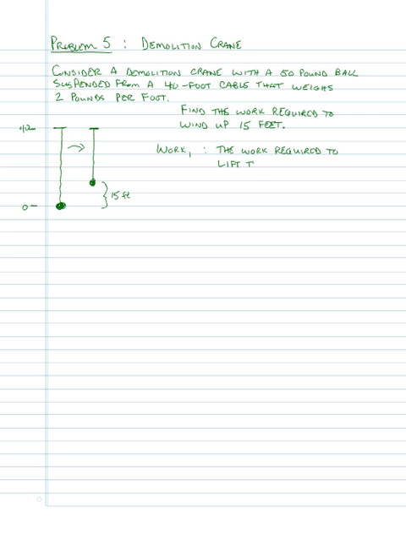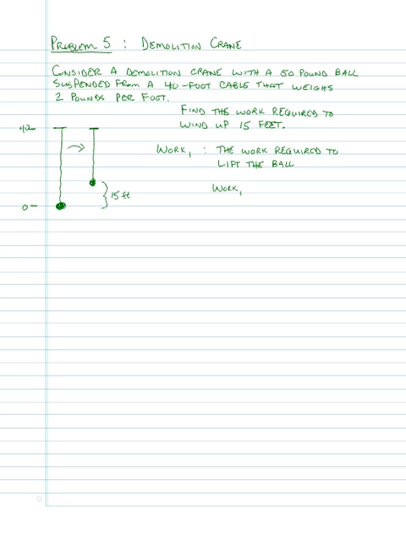Well, the ball, the wrecking ball itself, it weighs what, 50 pounds? So I'm just thinking about the ball, how far is that ball being lifted? 15 feet. So the work to lift the ball is very simple.